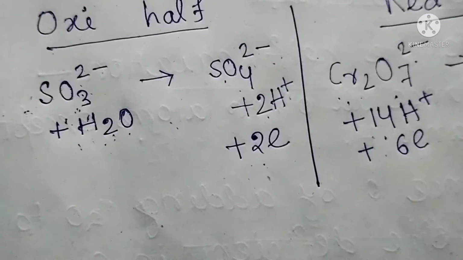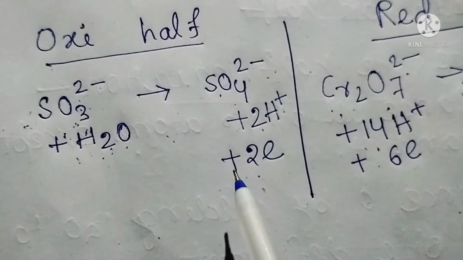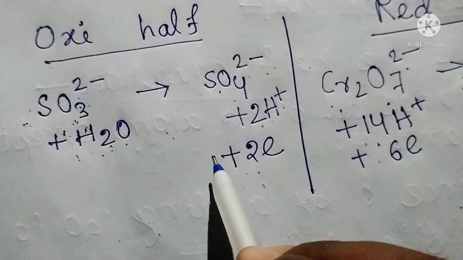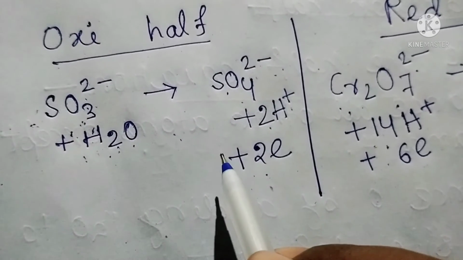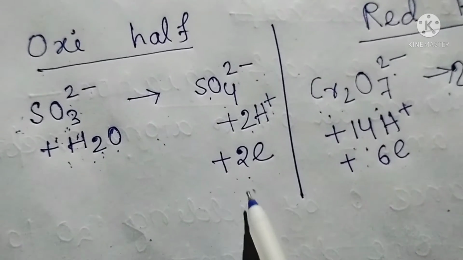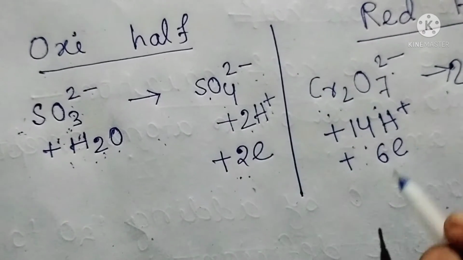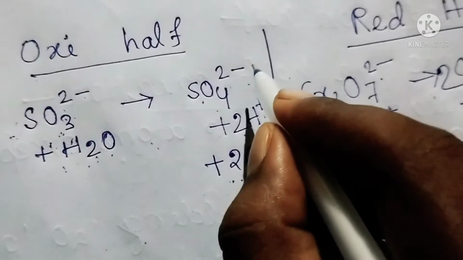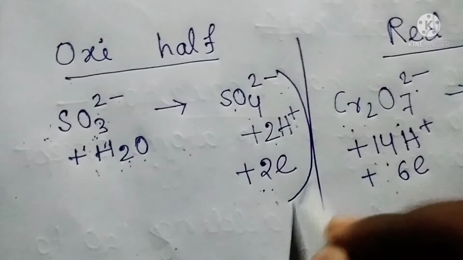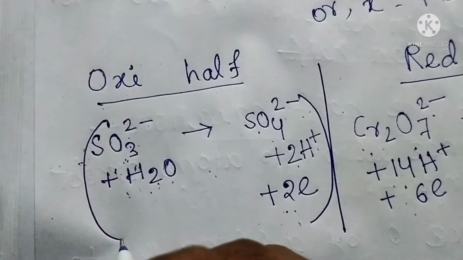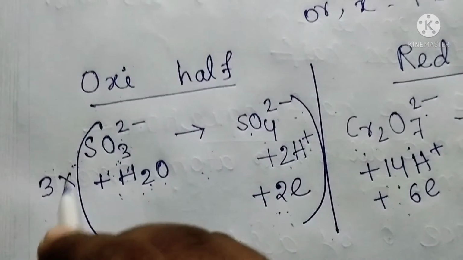Now the next rule is to add the two halves such that the electrons in the two halves get cancelled. Here 2 electrons are present and here 6 electrons are present. So we have to multiply this reaction by 3.